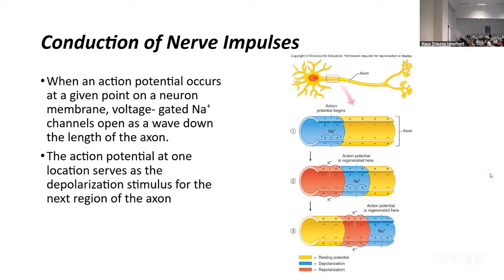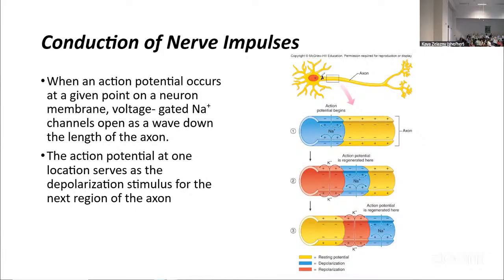Okay. So we're going to have like a wave situation happening. So we're thinking like when you do the wave in a stadium at a sports game. When I say a wave, that's kind of what's happening here along our axon. So we first trigger an action potential in a specific location, in the axon hillock, right?